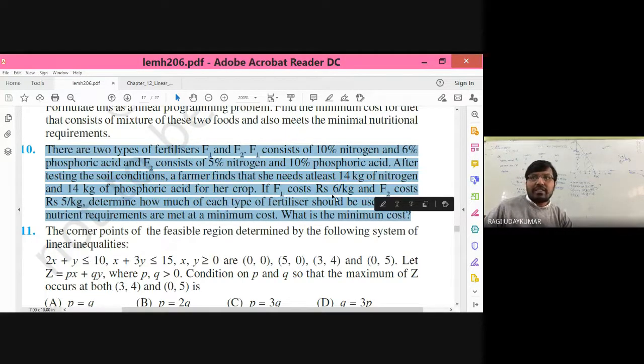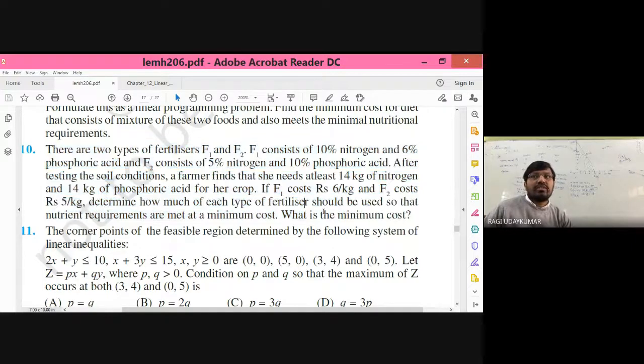If F1 costs 6 rupees and F2 costs 5 rupees per kg, determine how much of each type of fertilizer should be used so that the nutrient requirement is met at minimum cost.